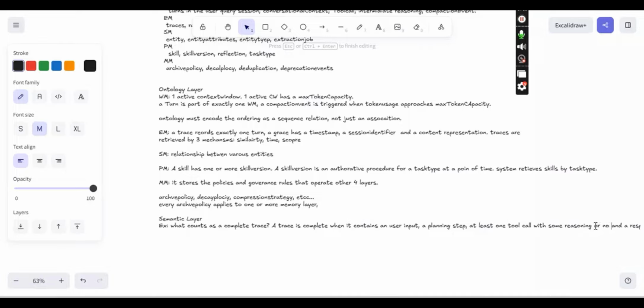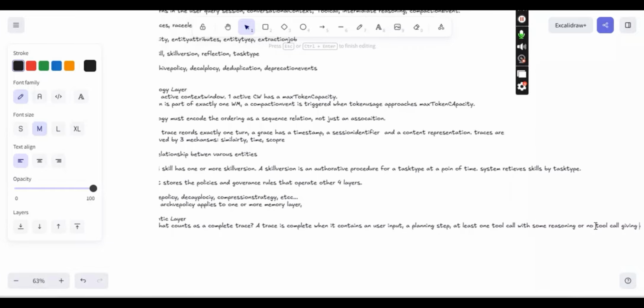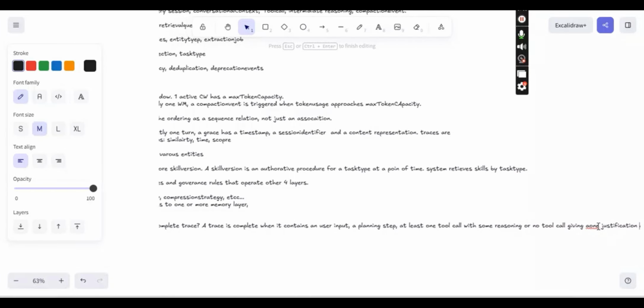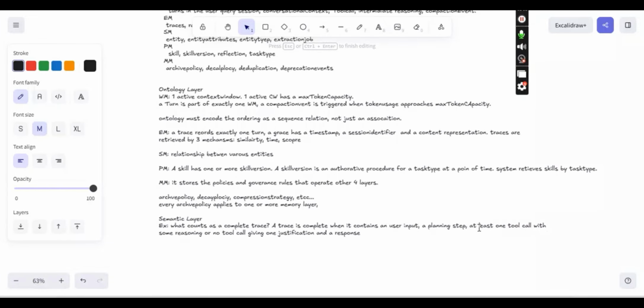It's not mandatory that a tool call always happens, but if the response can be generated without calling the tool, then no tool call is needed. But in that case, it gives one justification of why no tool call was needed. So all these kinds of reasoning come in here.